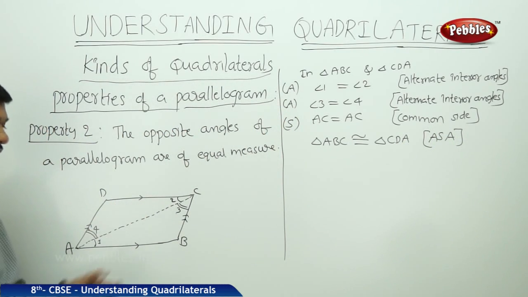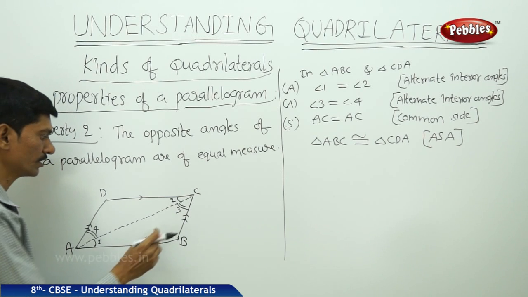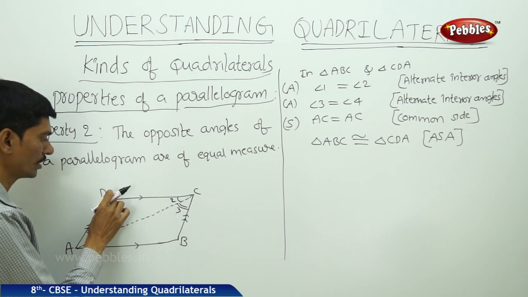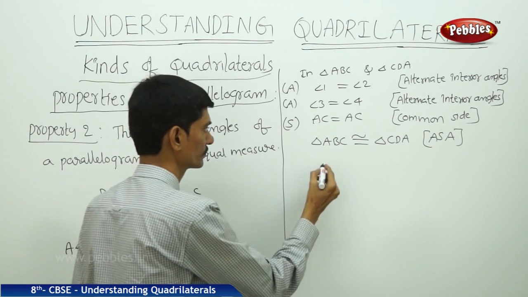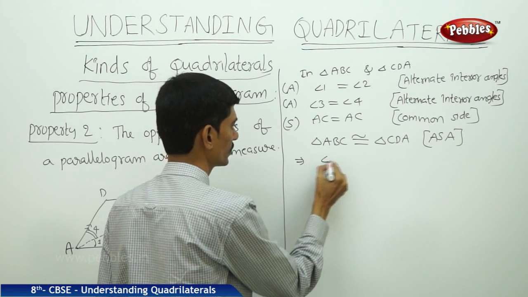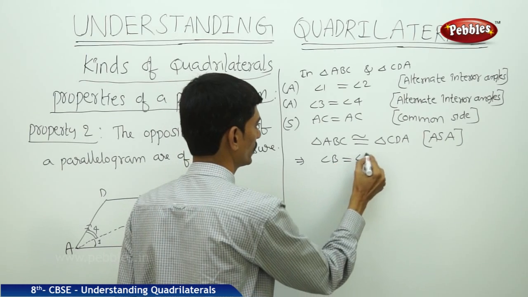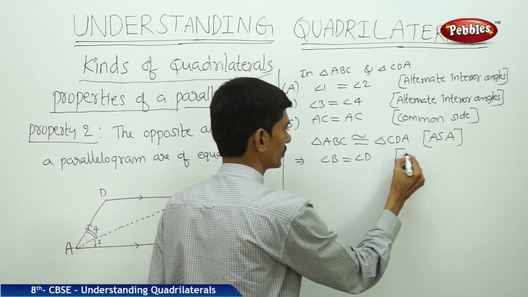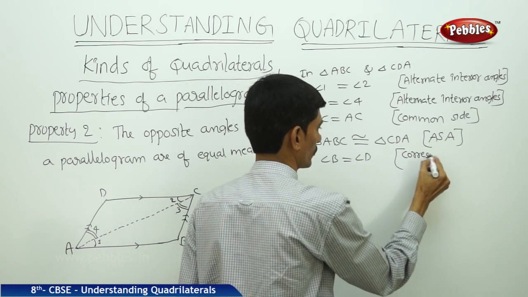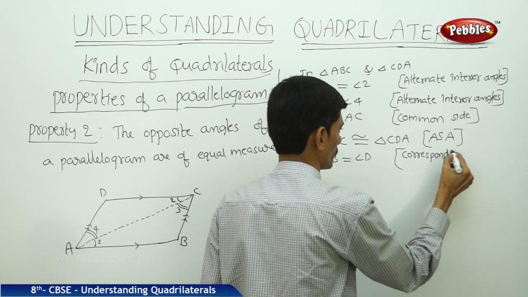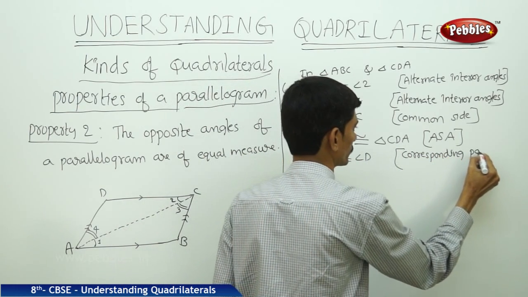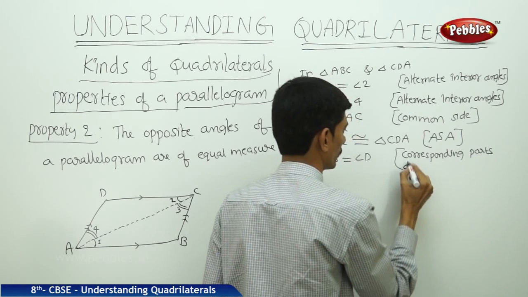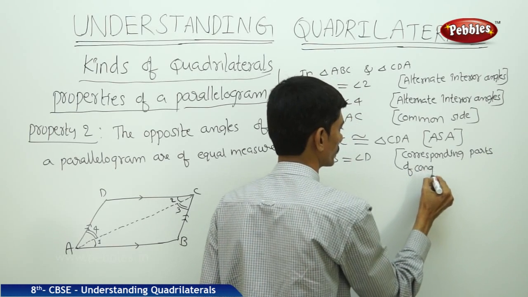So when two triangles are congruent, their corresponding parts are equal. So we can write that angle B equals to angle D. This implies angle B equals to angle D. Corresponding parts of congruent triangles.